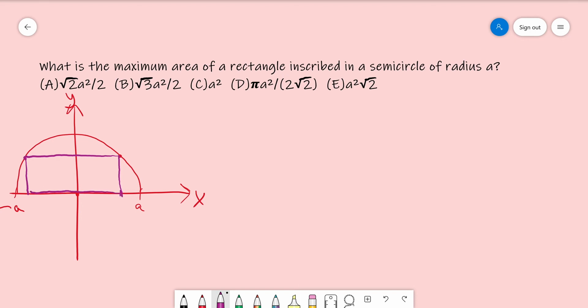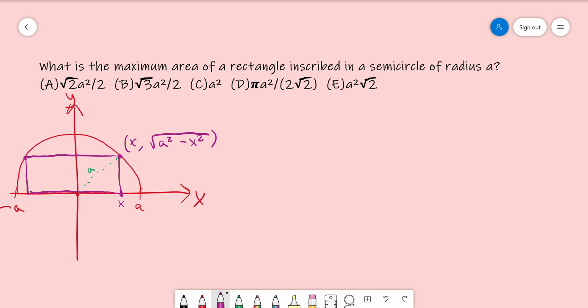So if this point here is x, then the y coordinate here, remember that the radius of the semicircle is a, so our y coordinate, according to the Pythagorean theorem, is going to be the square root of a squared minus x squared.